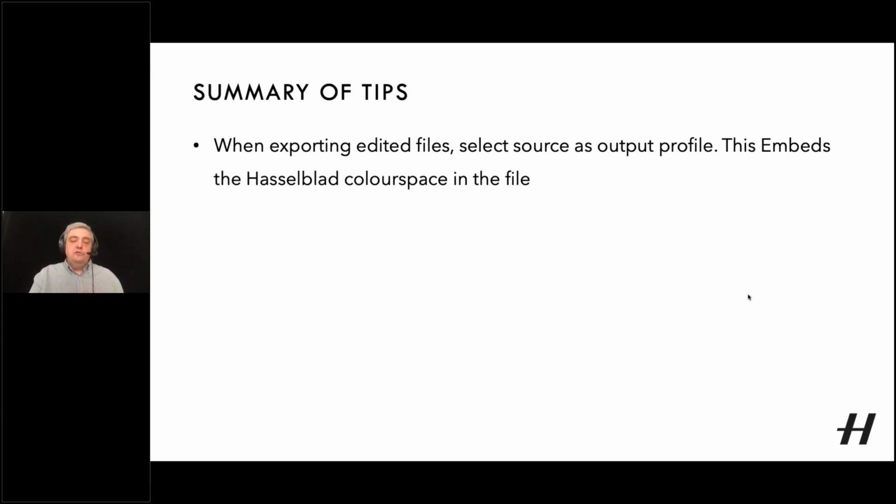That makes sure that you're staying within the Hasselblad color space, even though you're going to then open it in Photoshop or Affinity. You've then got that embedded in the file, so that when you open it within that third-party app, you're still working within that Hasselblad color space.